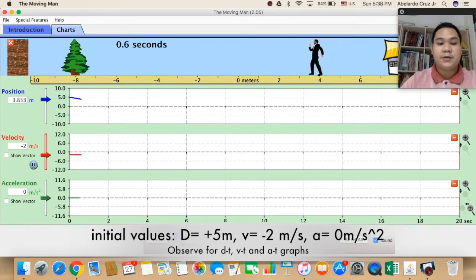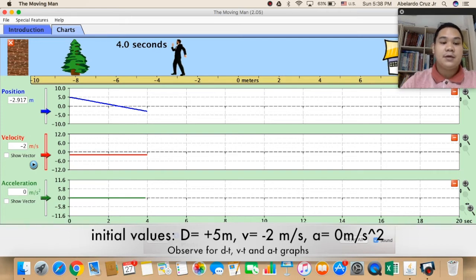Now, let's try to see what will happen. You can easily recognize that in a position time graph, it has a negative slope. And in a velocity time graph, it is at negative 2 meters per second. And still, the acceleration is 0 meters per second squared.